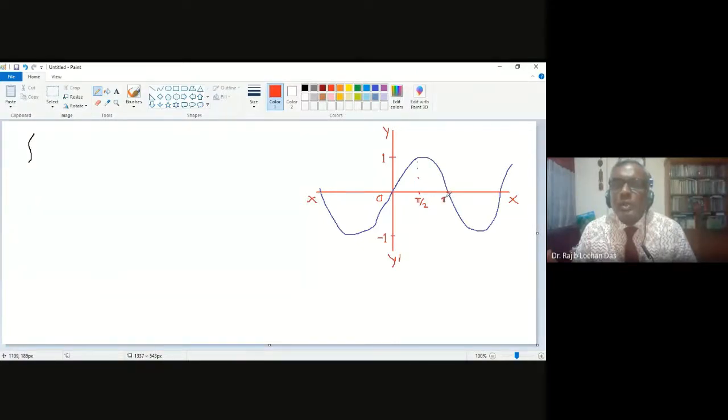In number, pi by 2 is 1.57. Why 1.57? Because the pi value is 3.14.